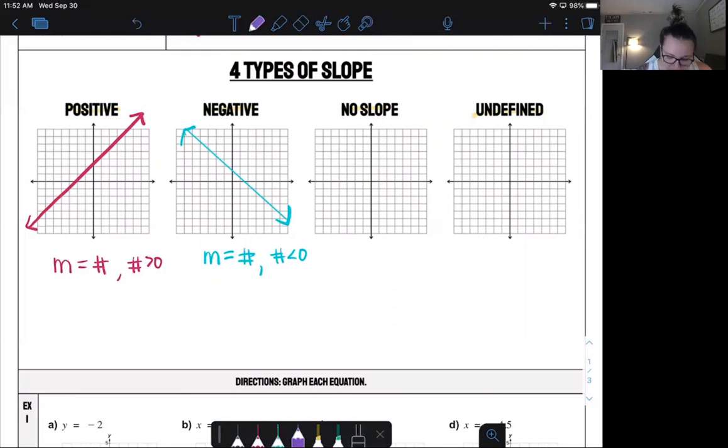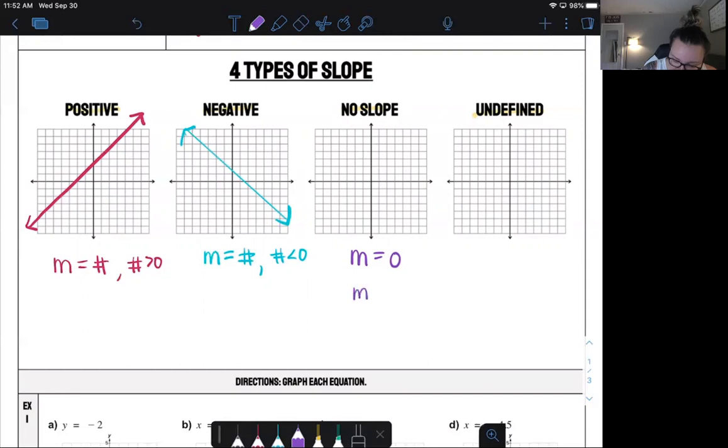Then we can also have lines that have no slope. And no slope is the same as 0 slope. This happens if m is equal to 0. No slope happens when you have a run, but you don't have a rise.